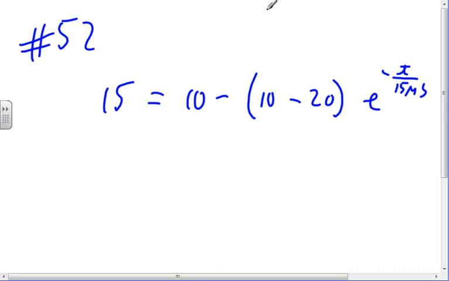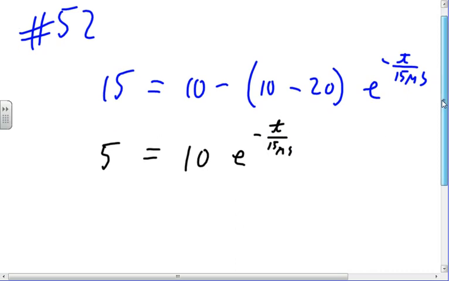All right. So let's see. I got a 10 here. I'm going to put it on the other side of the equation. So I got 5 is equal to, I've got a minus 10 with a minus sign, so that's a positive 10 e to the minus t over 15 microseconds.